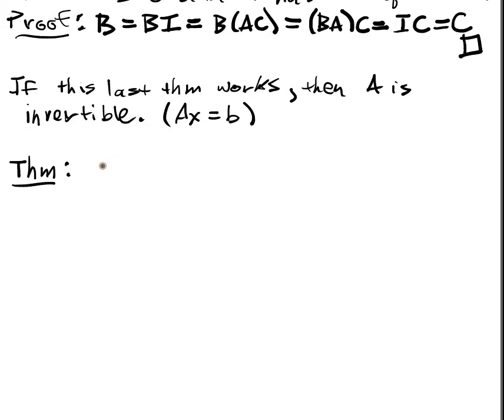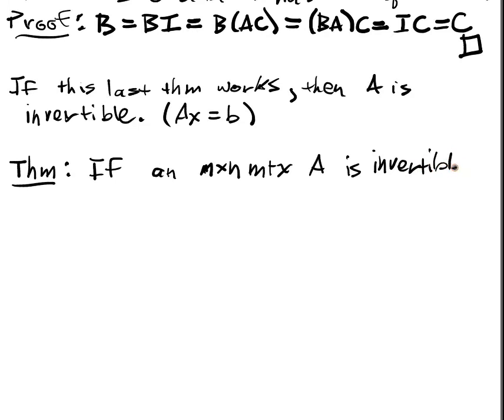So theorem: if an n by n matrix A is invertible, so it's got a left and a right inverse, and therefore they're equal, then it is non-singular.